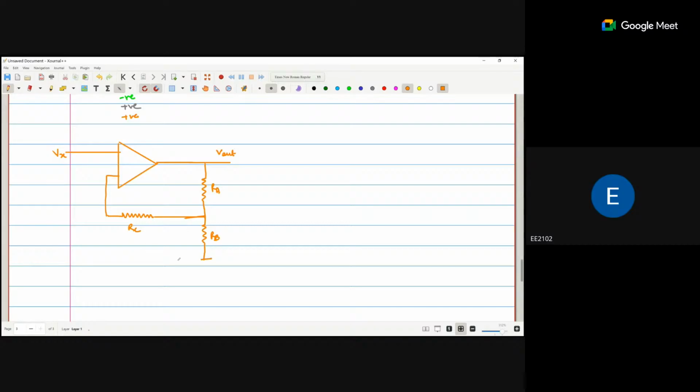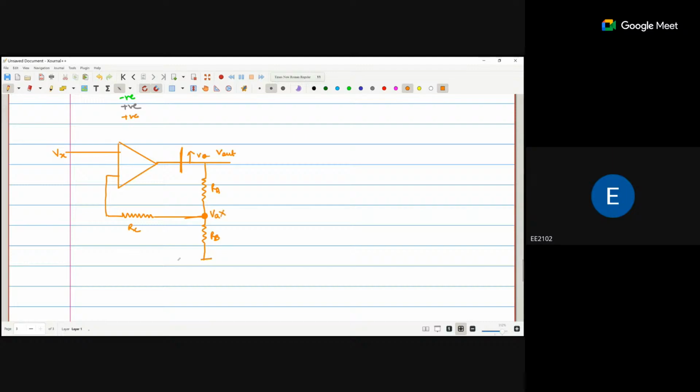Okay, this is the loop you can see. Now I just break the loop and apply some incremental voltage. Now, what is the voltage at this point? If I say the incremental voltage is VA, okay, what is the voltage at this point?